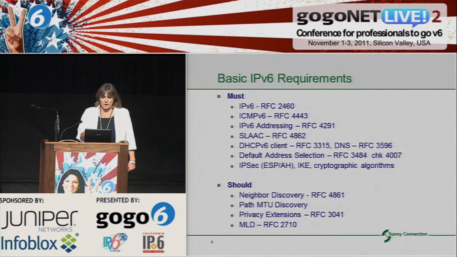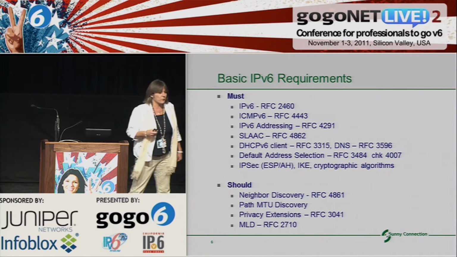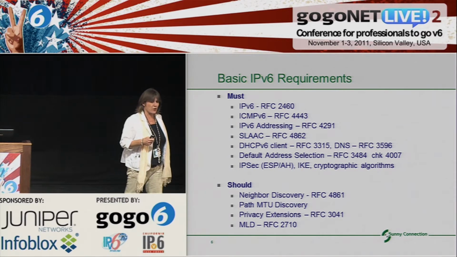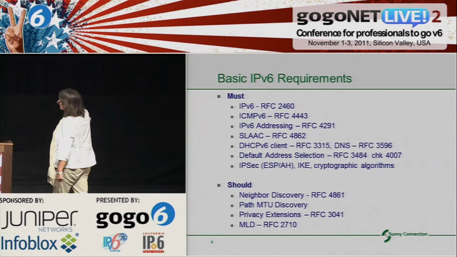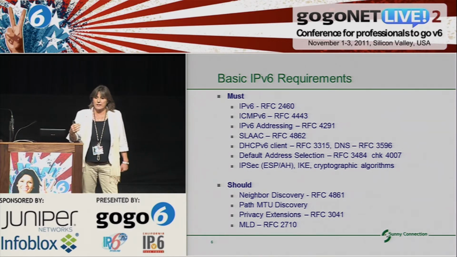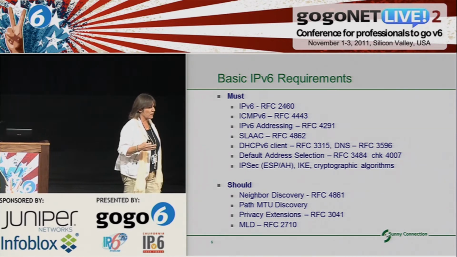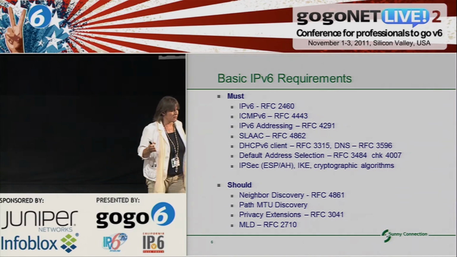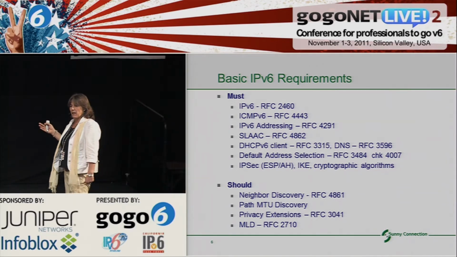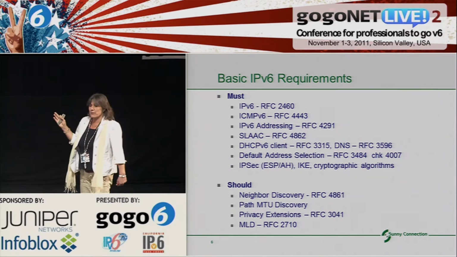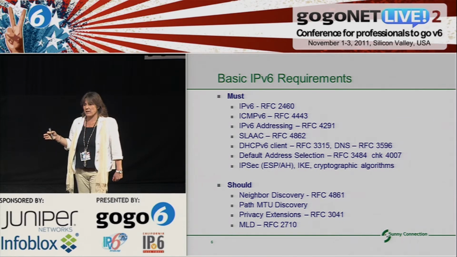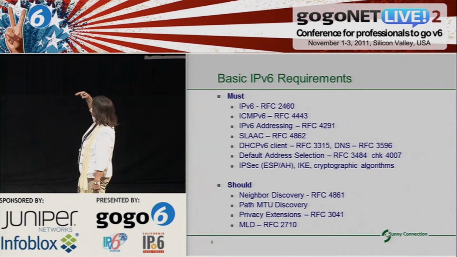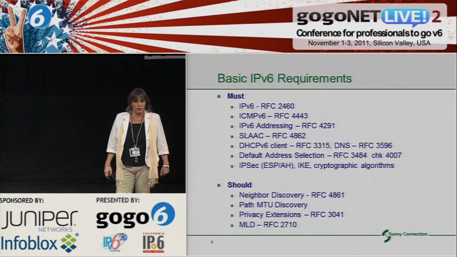That's a very clear, RFC-type definition of what we're talking about. Now, if you look at this RFC, you find a list of requirements. I'm not going to read that list to you. What I want to show is what type of information you find in there, because that's how you have to approach classifying what you have and what you need. When you have your design, you will have some basic requirements that every device in your network must meet. For these basic requirements, you will have two categories: options that must be supported, and options that should be supported.